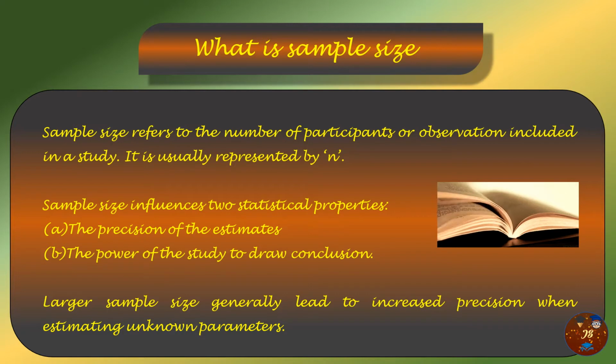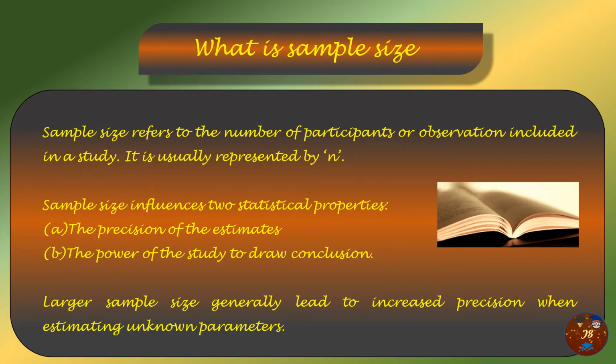From that population, he or she chooses some sample, and in the back of the mind he or she thinks about what the sample size will be with which he or she is going to do the research. So sample size is very important in a research study.